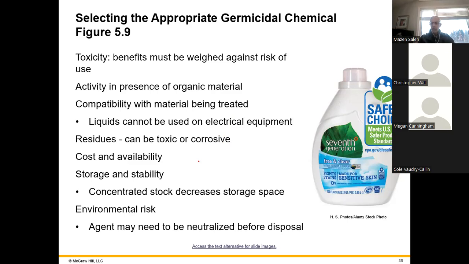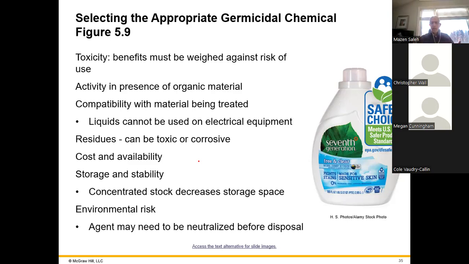Residues that are left, let's say we're treating a solid surface, a countertop, etc. The treatment will invariably leave some kind of residue on the surface. And this residue, depending on the nature of the chemical agent you're using, can be toxic if you were to use the surface for food preparation.